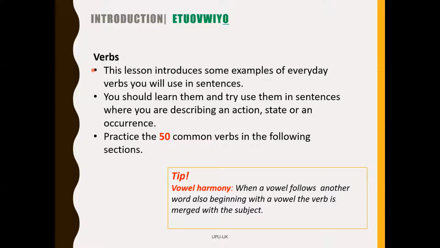The essence of it is that when the verb ends with a vowel letter and the subject starts with a vowel letter, the vowel of the verb is elided, it's excluded. You then just have a fused, harmonized word. You will see some examples as we work through it, so just watch out for that.